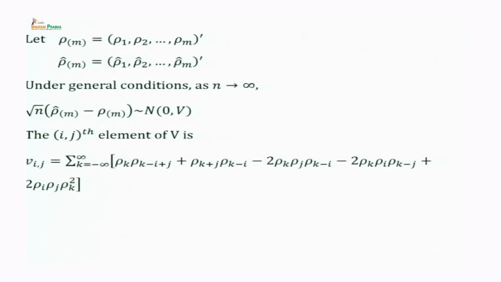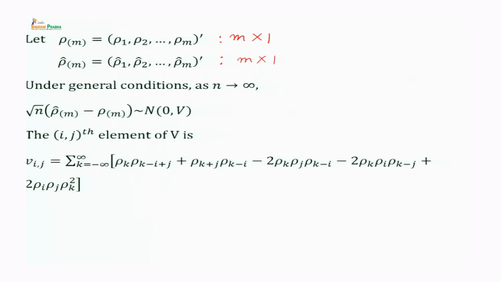Now, suppose you write rho m equal to the vector rho 1, rho 2, up to rho m. So, this is an m cross 1 vector, and the corresponding vector of estimated autocorrelations is rho hat m, which is equal to rho 1 hat, rho 2 hat, so on, rho m hat transpose.